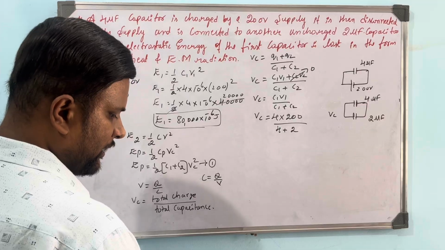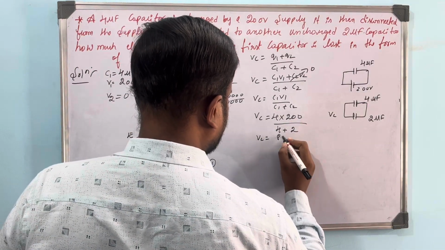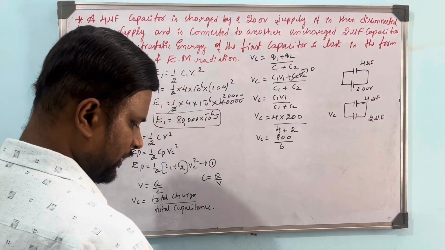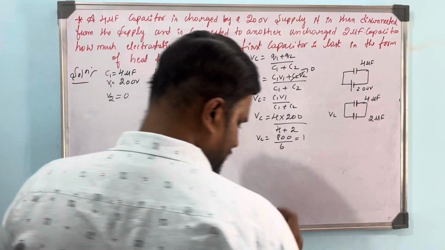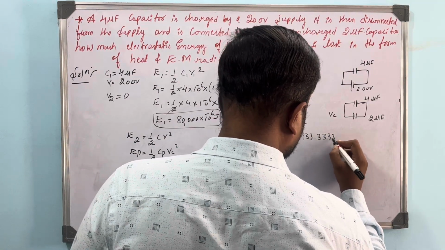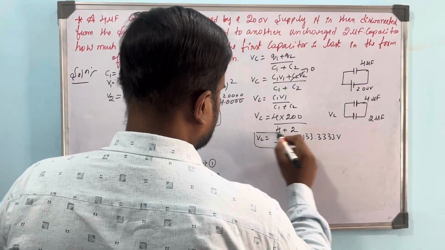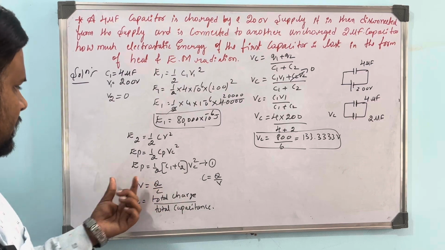If you simplify, 4 2s are 800 divided by 6, so finally you will get 133.3333 volt. So this is the Vc value.